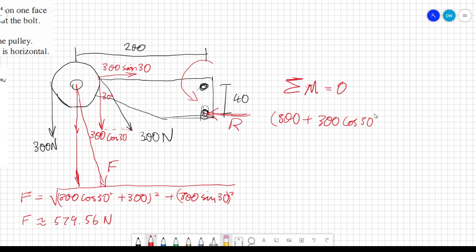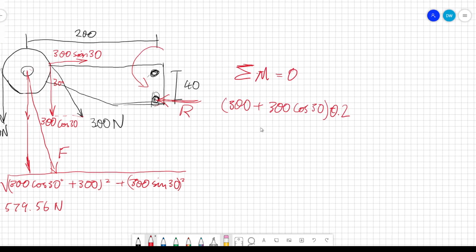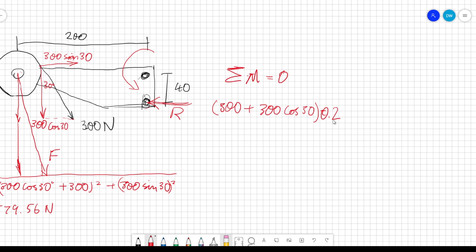What's the moment they generate? What's the arm of the moment? So times 200. I might use meters so I can have the answer in newton meters, so it's 0.2. So this is the moment: the total force of the cable pulling on the pulley times the distance from the center of the pulley to the pin it's mounted on. So the screw it's mounted on.